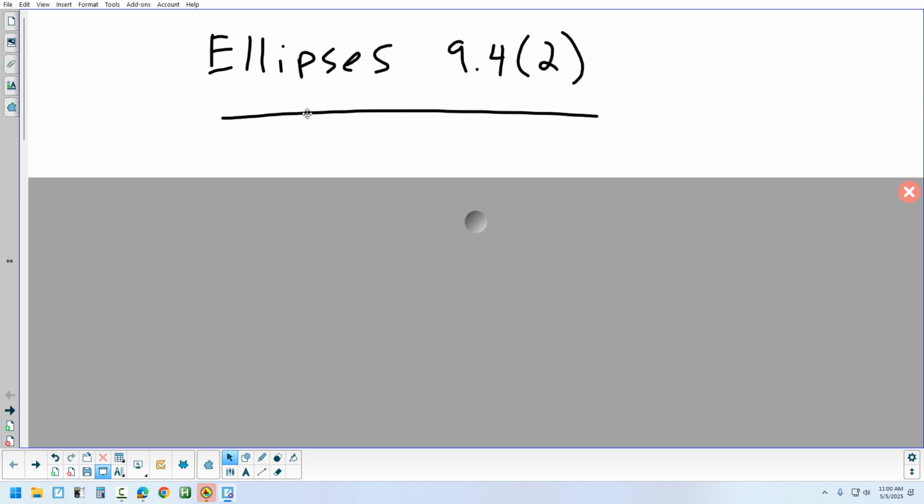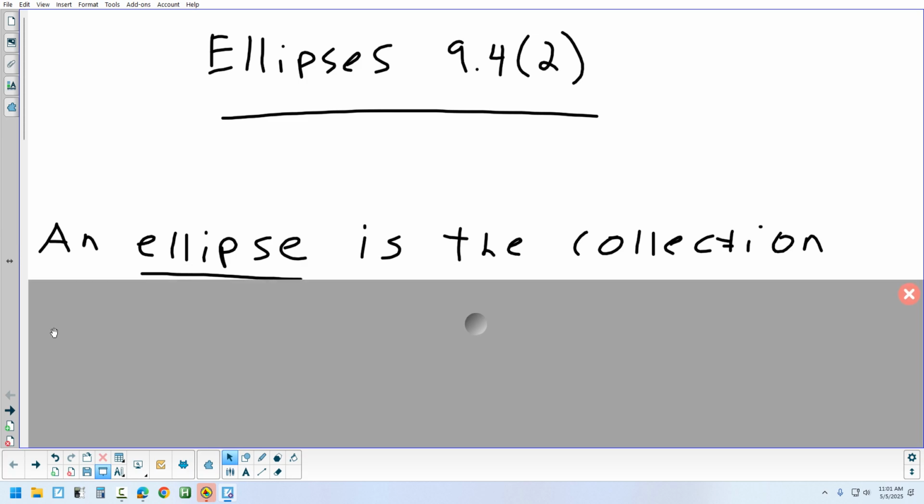Right? Like putting a piece of string, put like a nail down, tie a piece of string to it, and then keep the string pulled tight and go all the way around. Every point is equidistant from some point in the center. Okay, that's a circle. The other conic sections are defined similarly, but there's a little bit more to them because they're not as simple as circles.